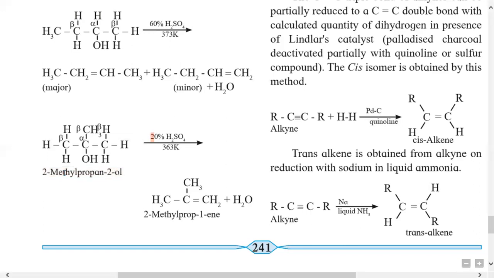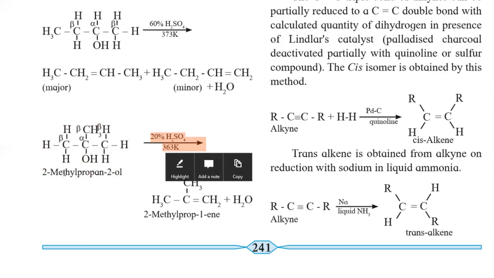Here only 20% sulfuric acid is required because we know that dehydration of alcohol is easy for tertiary, hence only 20%, meaning nearly dilute sulfuric acid, is required, and the temperature condition is also lower than for primary and secondary alcohol.